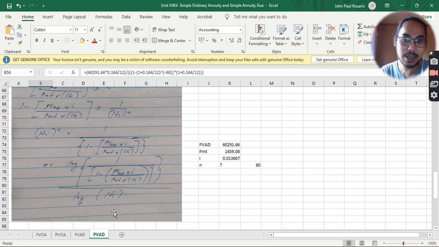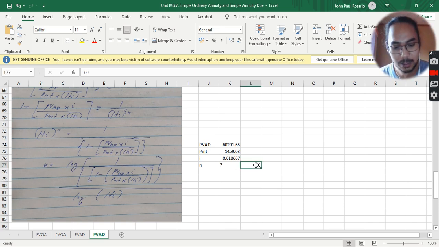So if we use our calculators, given these values, no? So log, our base here is 1 plus I, so 0.164 over 12. And our expression here sa ato ang numerator is 1 over another fraction, napaday, 1 over 1 less another fraction.